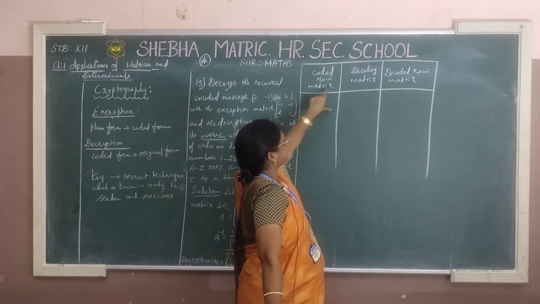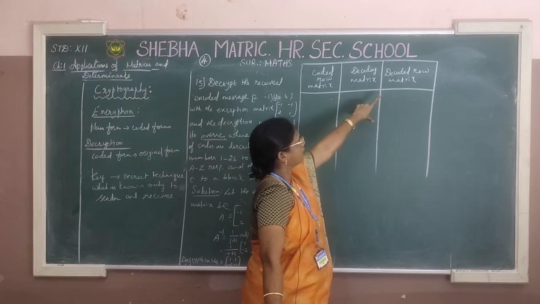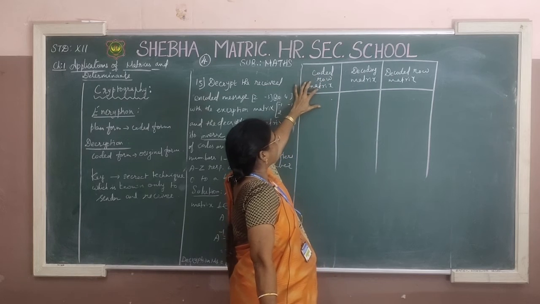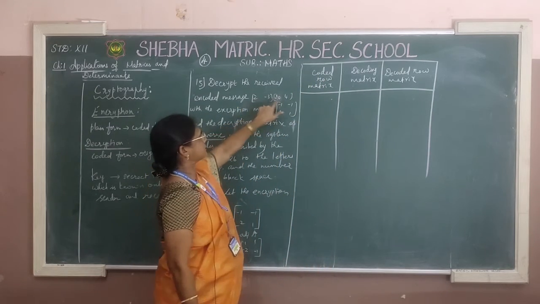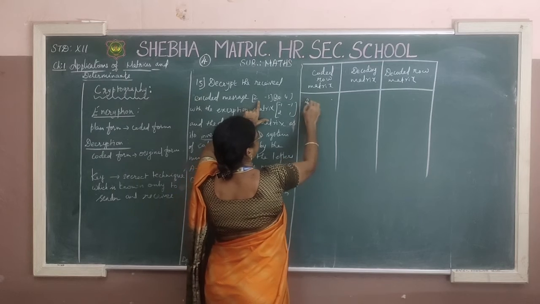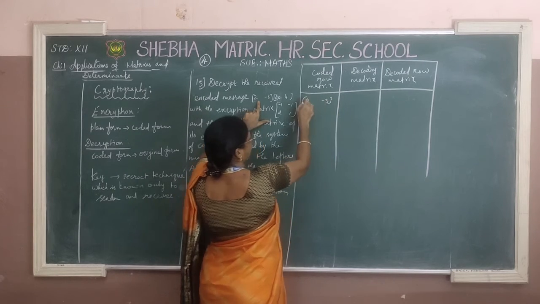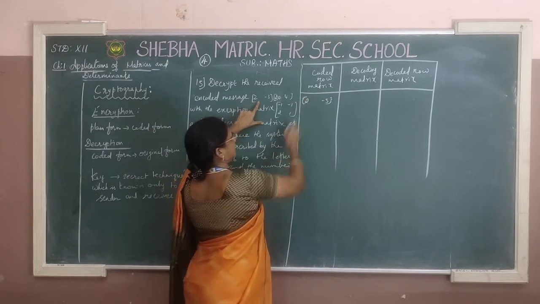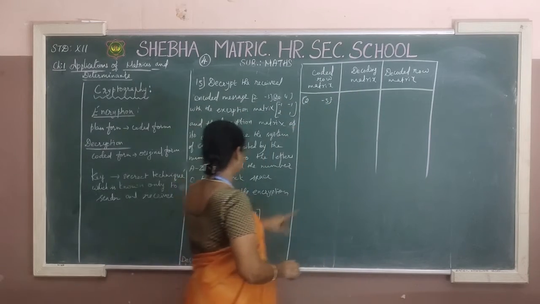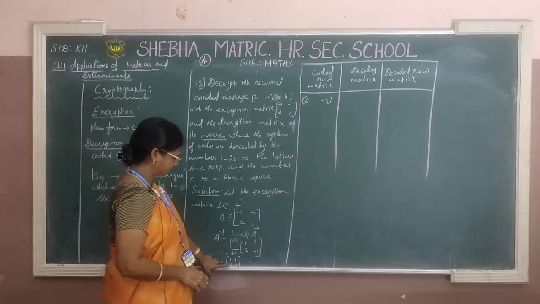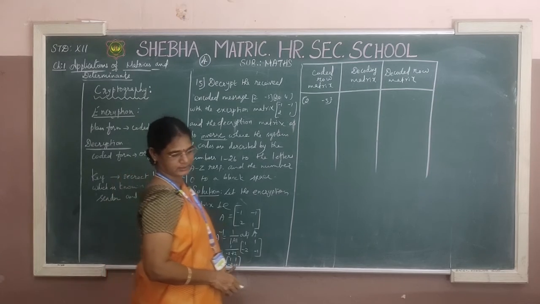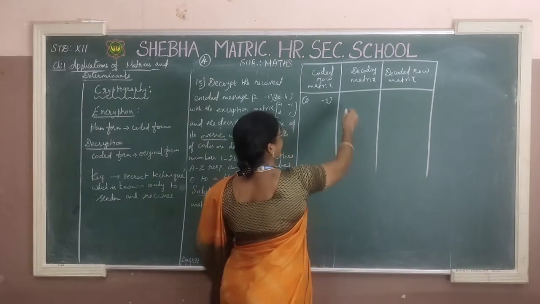Listen, coded row matrix, decoding matrix and decoded row matrix. For the coded row matrix, we first substitute this row matrix [2 -3], and then the decoding matrix is our inverse matrix. What is the inverse matrix? [1 1; -2 -1], isn't it?